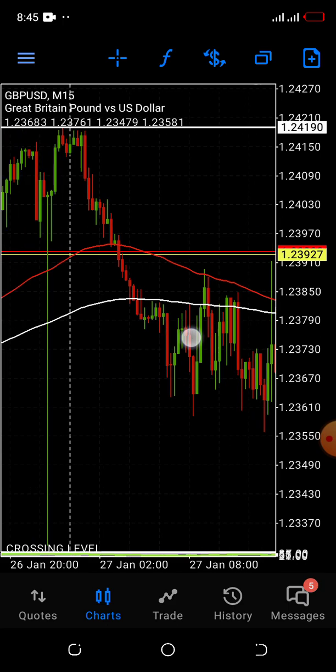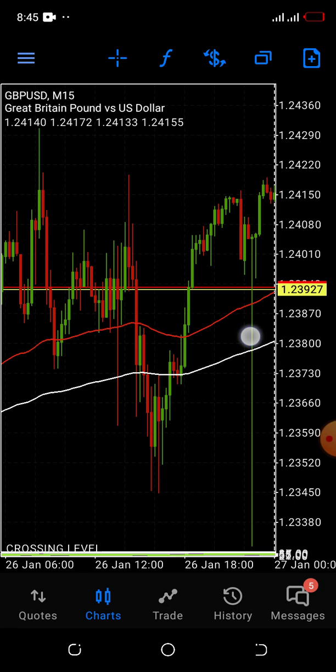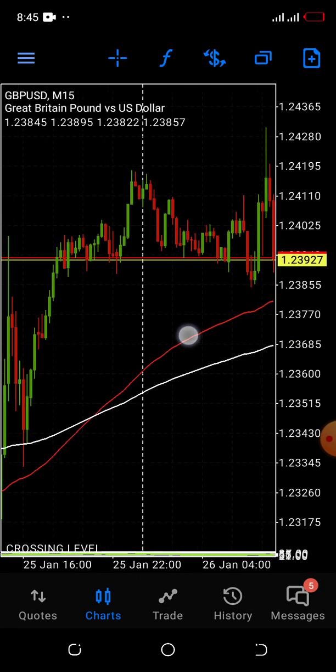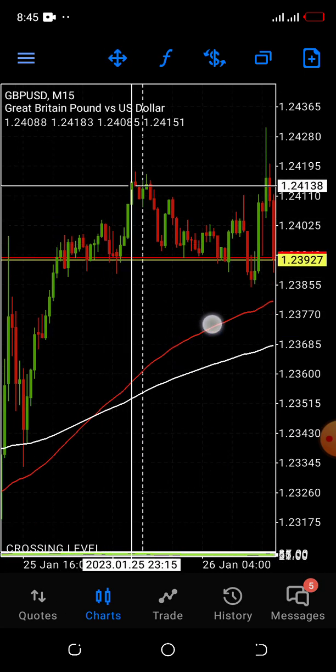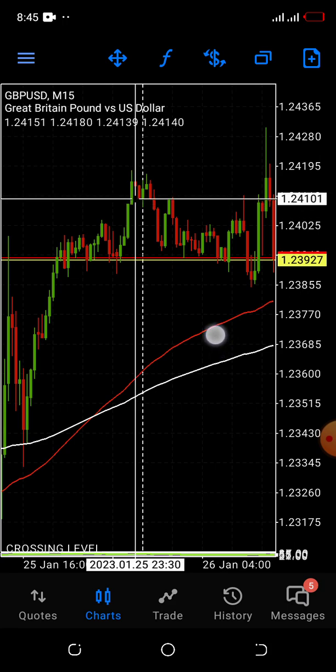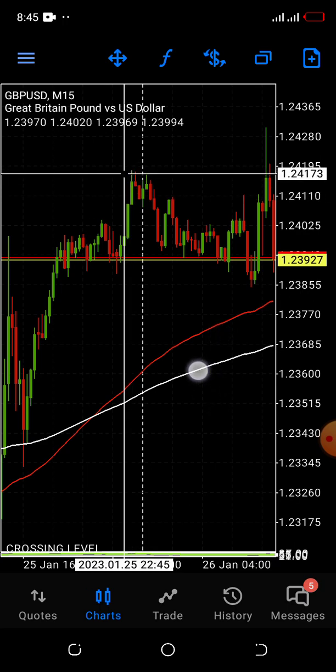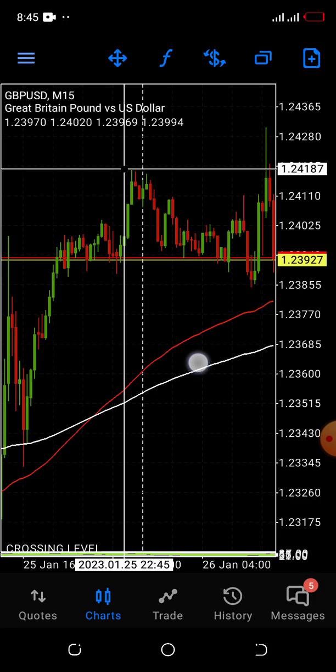Now let's go to the next day and see the accuracy of this strategy. This is the next day here. As you can see, the market closed on this red candle at this price, 24100. That's a strong psychological level, and this is the immediate high for that day. So what are you going to do?